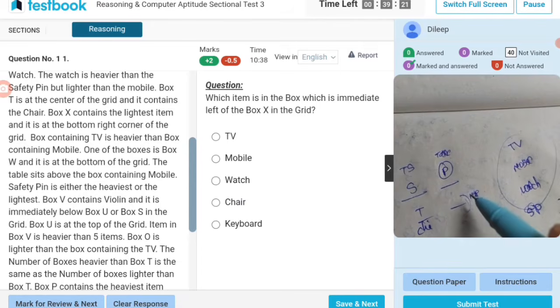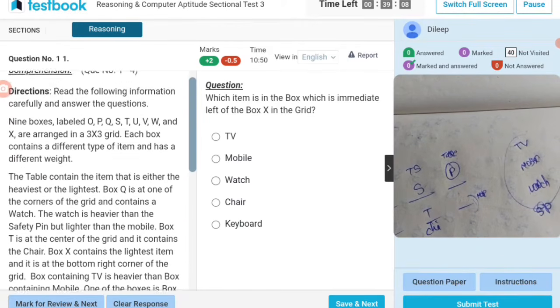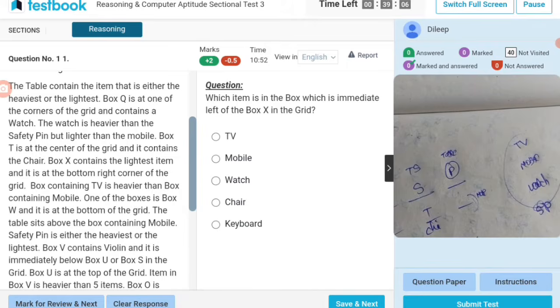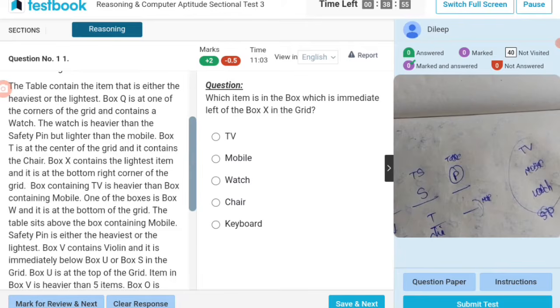Which item box is immediate left of X? X in the grid. So here Q is one of the corners and contains the watch.